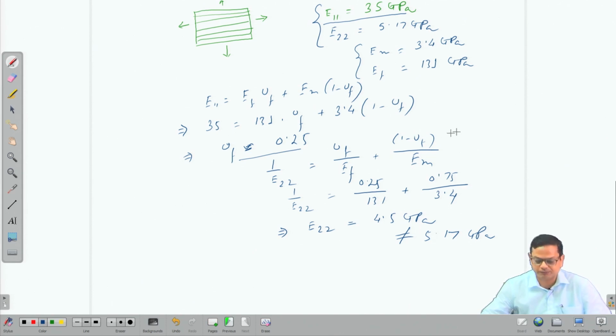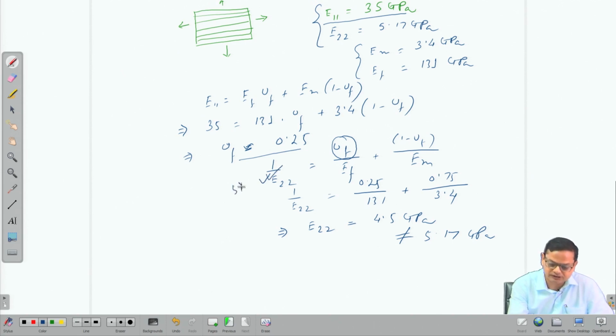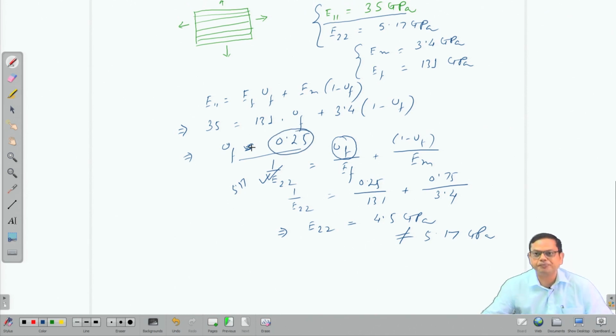In another way, you can also find the Vf value from this equation by putting the value of E22 as 5.17, and solving the equation to find Vf. You will see that Vf does not match 0.25.